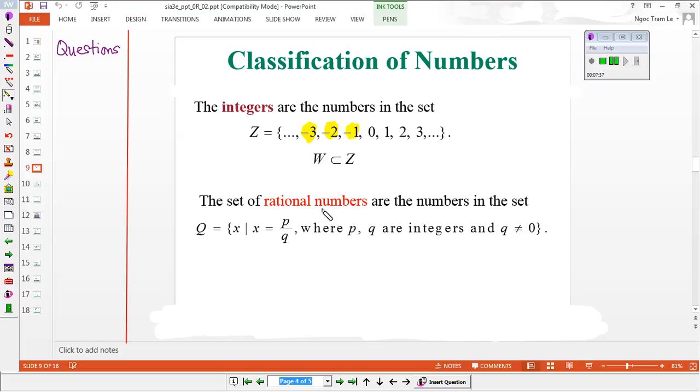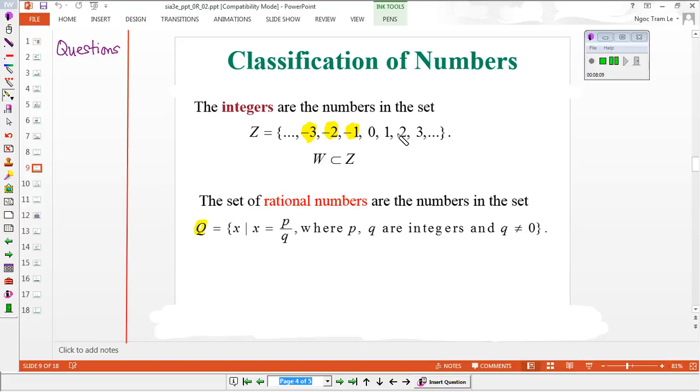Okay, next one now. The set of rational numbers, we use the letter Q. So right here, I just go ahead and use the set notation. So we use the brackets. It's the set of all the numbers x such that x is a fraction p over q, where p and q are integers.